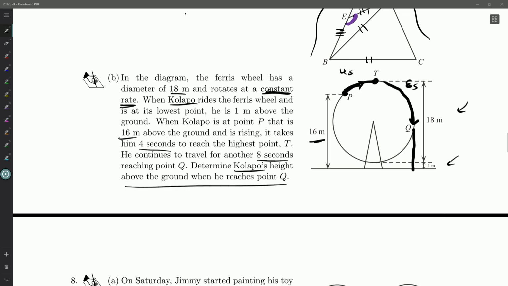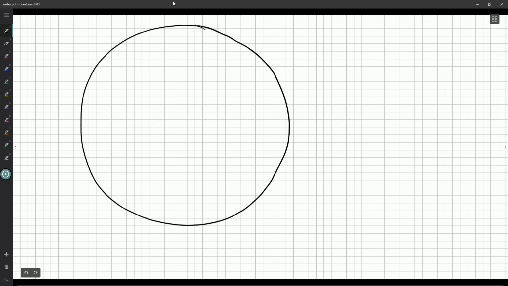I'm going to draw this picture here. That is not a bad circle, if I do say so myself. Okay, so they didn't give me the center of the Ferris wheel, but let's call it O. Got P here. T, I assume, for top, and then Q is somewhere over here.